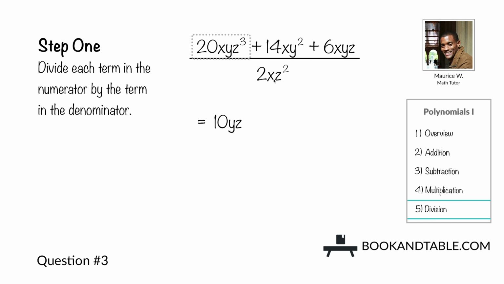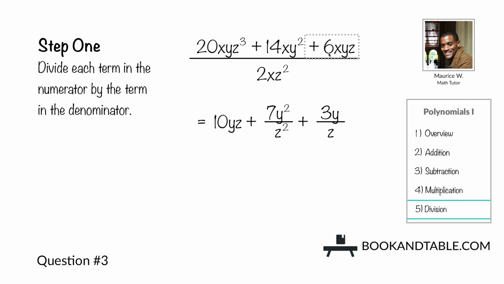There is no y in the denominator, so we keep our y. And z to the third divided by z to the second is equal to z. Then we have 14 divided by 2, which is 7. X divided by x is 1, so let's cancel each other out. And y squared is not being divided by another y, so we keep our y squared. And we don't have a z in the numerator, but we have a z squared in the denominator, so we keep z squared in the denominator.